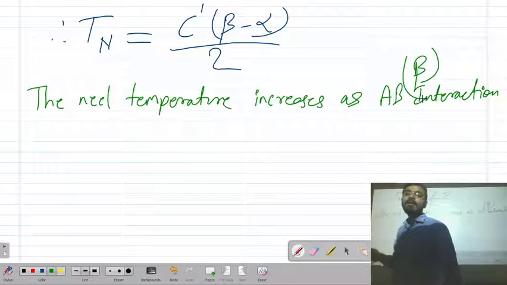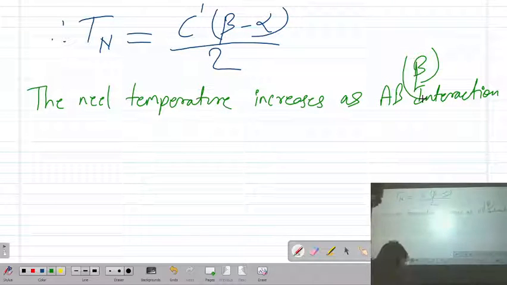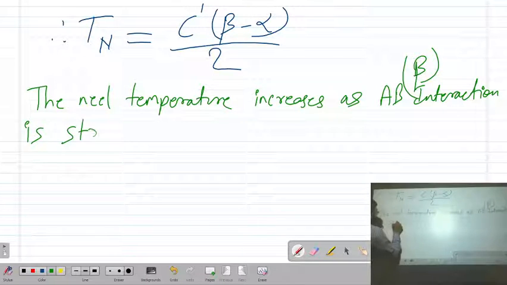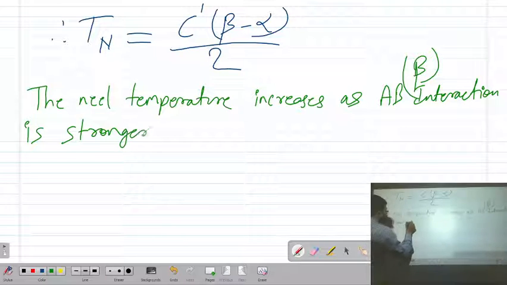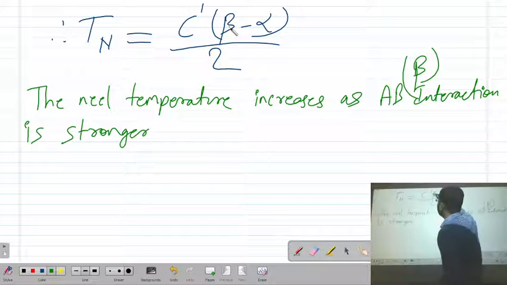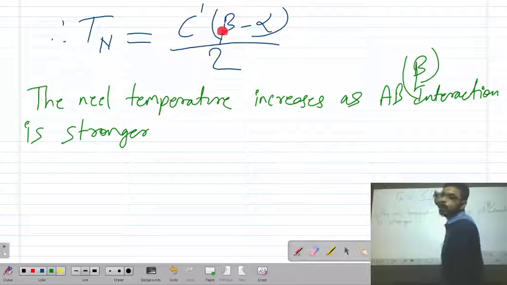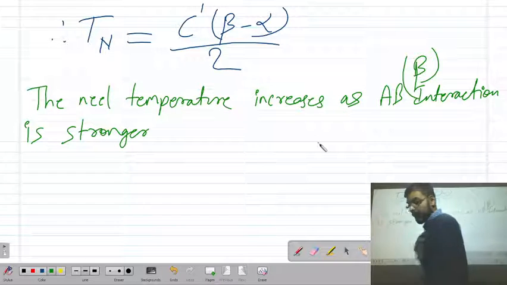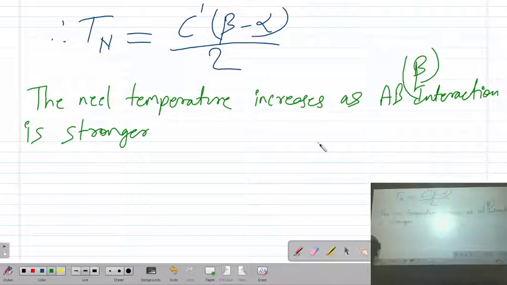If the AB interaction is stronger, the Neel temperature increases as beta is stronger. If beta is stronger, you will have a higher value, so the Neel temperature increases.